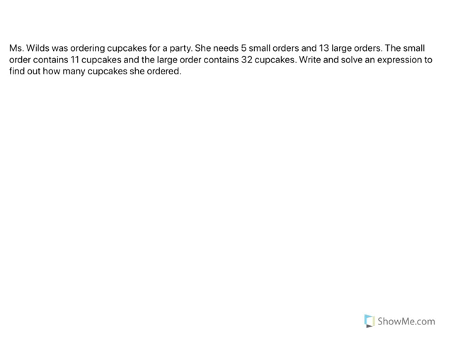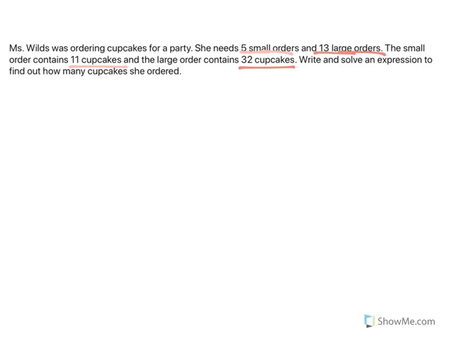So we know that she needs 5 small orders, and the small orders contain 11 cupcakes. And then she needed 13 large orders, and the large orders have 32 cupcakes in each order. So when we write our expression, we're going to use what we know to help us figure out the order.